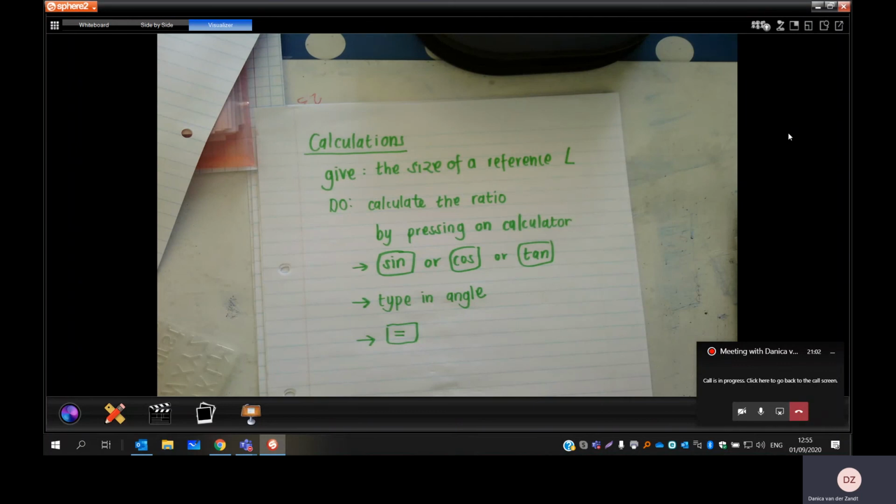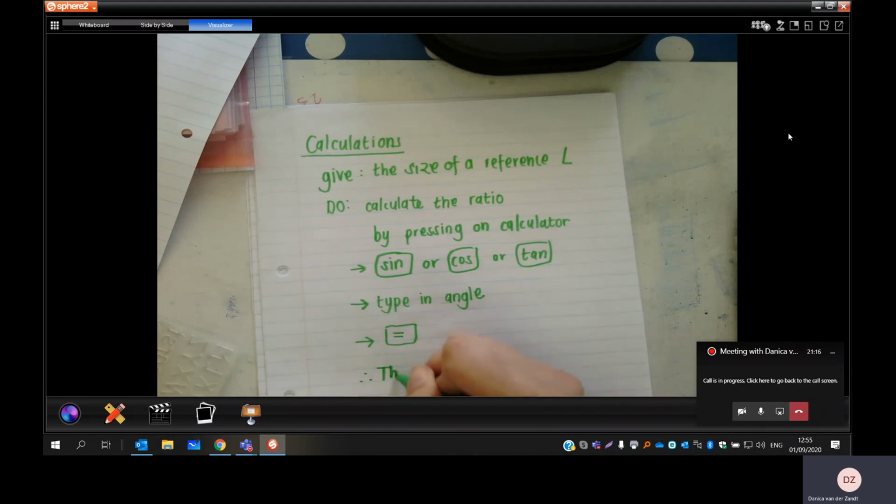0.92. That means whatever the adjacent hypotenuse ratio is will simplify as a decimal to 0.92. Therefore, the decimal is the answer in decimal form of your ratio.